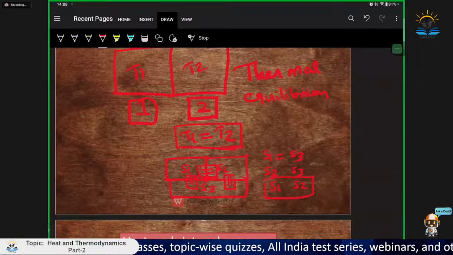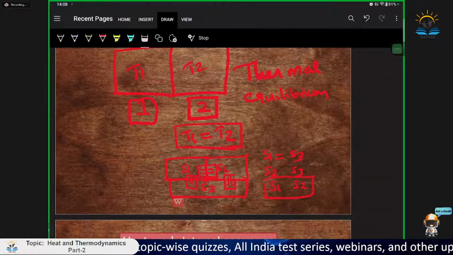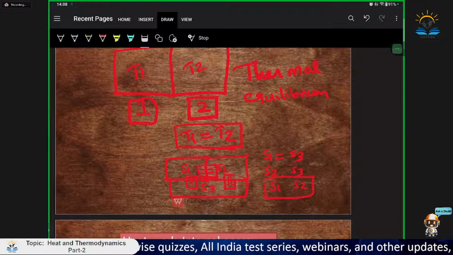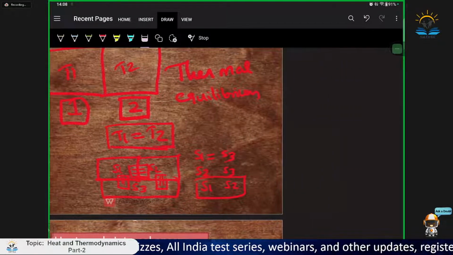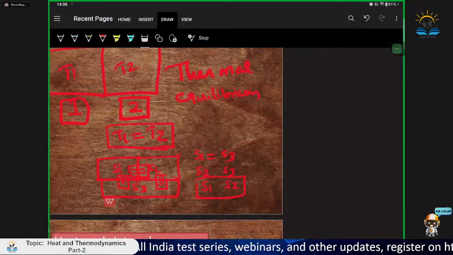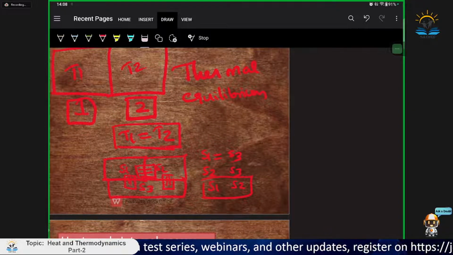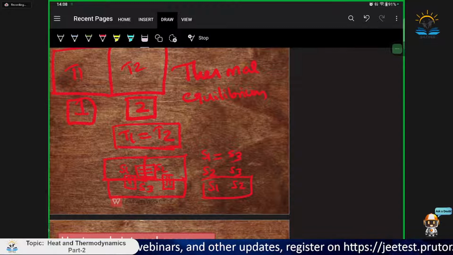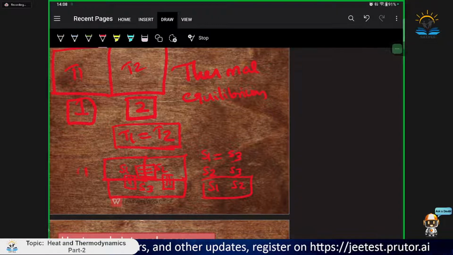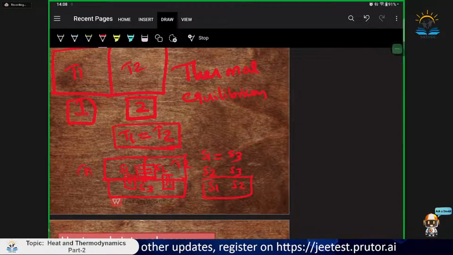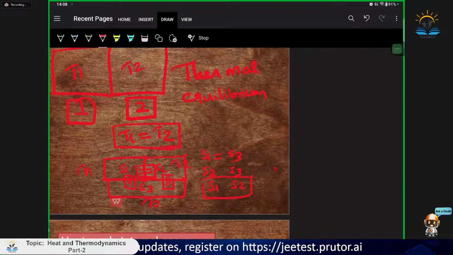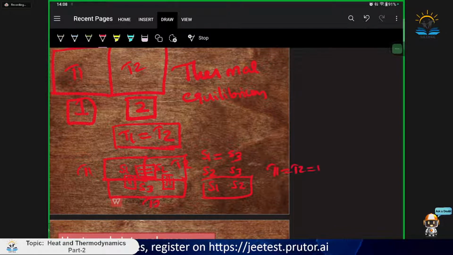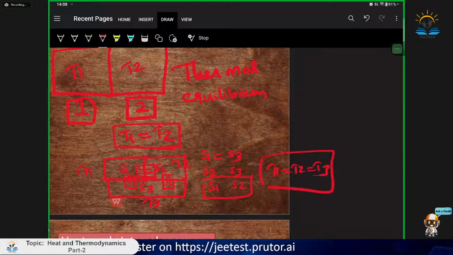Simple. This is the basic law, no need to know much more. So the temperature of S1 is T1, S2 is T2, and S3 is T3. T1, T2, T3 will be the same.